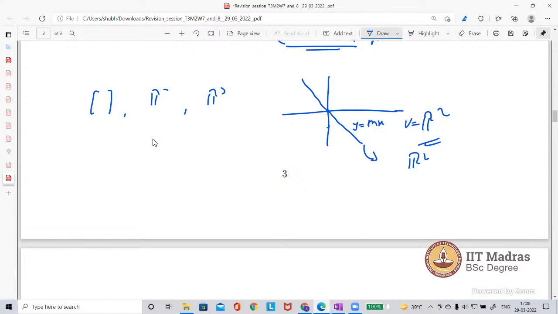So the equation of this line is y equals mx. The affine subspace corresponding to this subspace means a line which is parallel to this line.